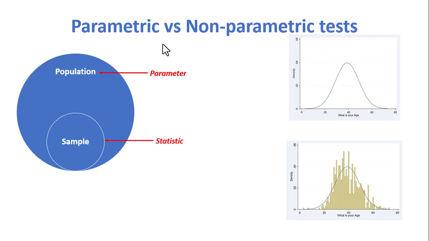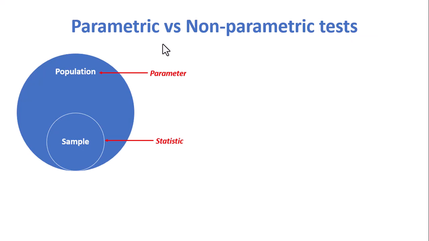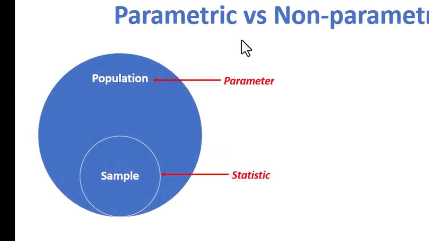In other words, parametric procedures assume that the sample that you are using to estimate a parameter in a population is a true representation of how the population actually is. So at this point, we need to note that a parameter is an assumption about the population, whereas a statistic is that assumption about the sample.